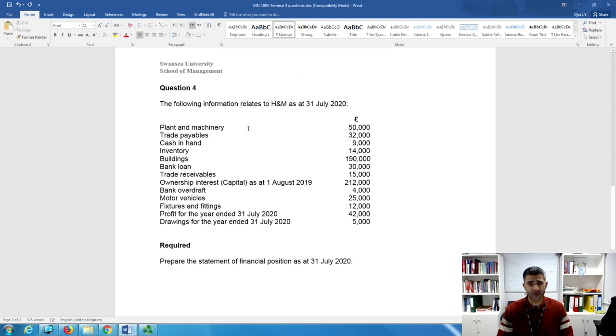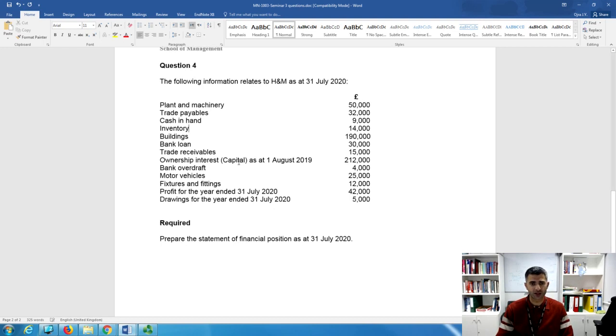Inventory, it's a closing inventory here. It doesn't mention at the beginning of the year, so it's a closing inventory. It's a current asset. Okay. Buildings, non-current assets. Bank loan, it's a non-current liability. It's a long-term loan.